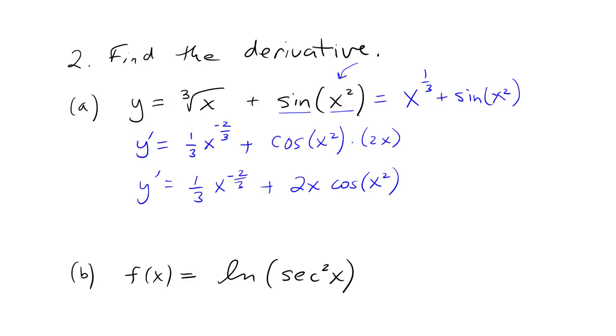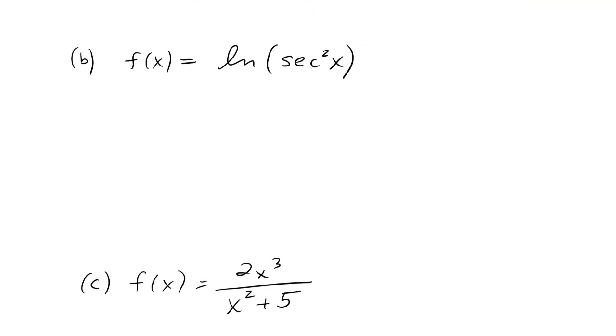All right. How about f of x is ln of secant squared x? Now I could look at this as just an ln and say the derivative of ln is 1 over that thing times the derivative of that thing that's inside. But if I'm looking for this sort of thing, realize that this is ln of secant x squared.